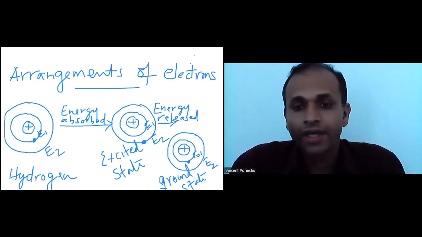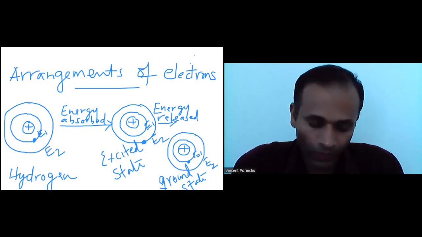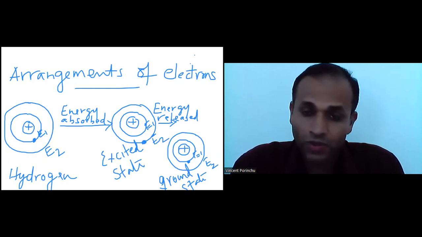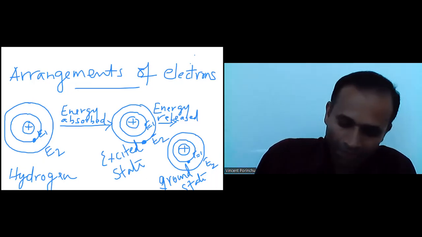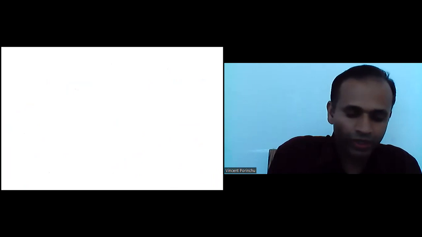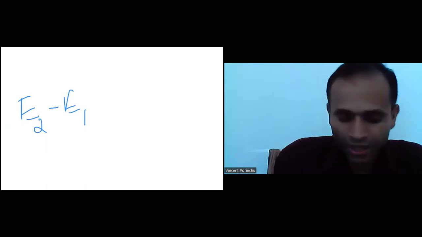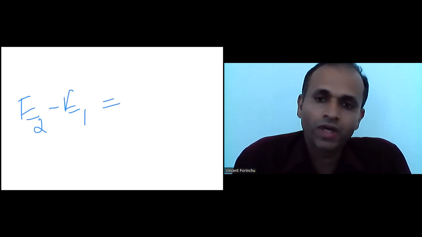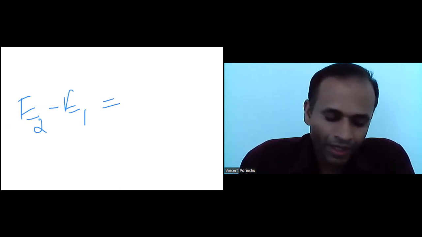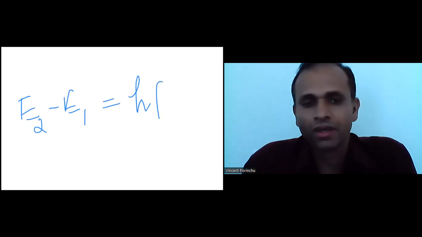If the energy of the higher level is called E2 and the lower energy level is called E1, the energy difference E2 minus E1 is proportional to the frequency of light emitted or absorbed. So E2 minus E1 is equal to a constant times f, or nu.